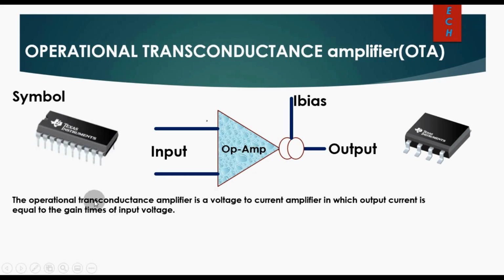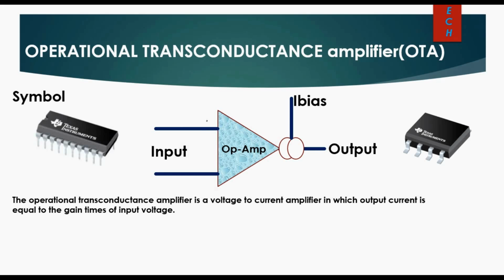The operational transconductance amplifier is a voltage to current amplifier in which the output current is equal to the gain times the input voltage. Sometimes it is also called a voltage controlled current source.